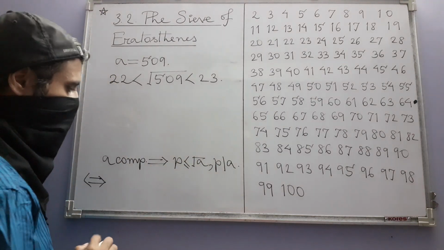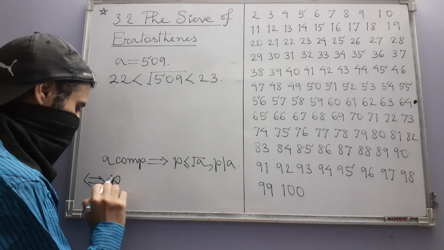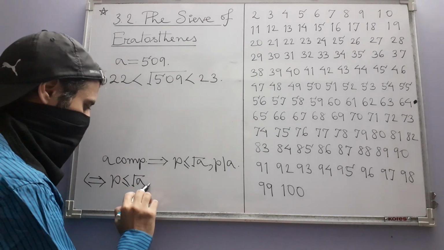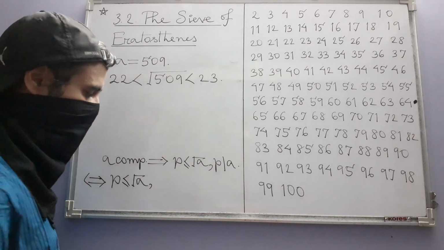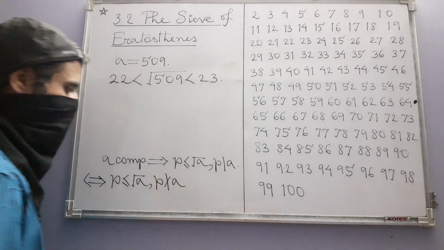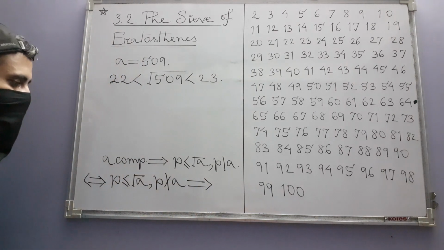Negation of this means what? That for all primes satisfying this inequality, none of them divides A. Implies, what is the negation of this?